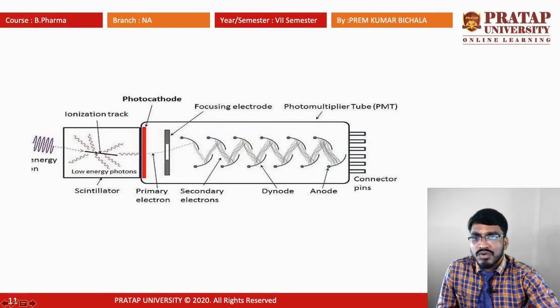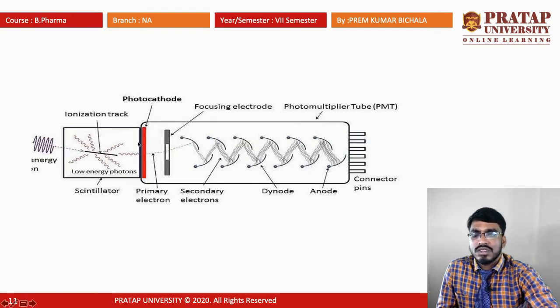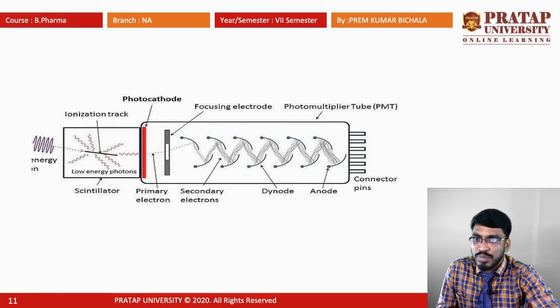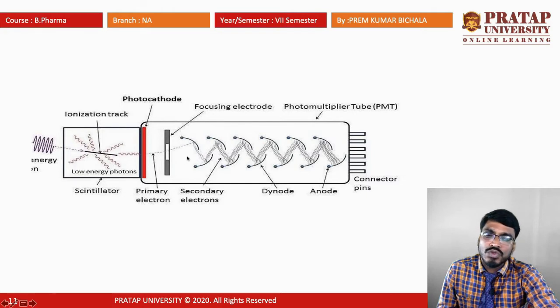Here we have the photocathode. This is the source to collect the light or photons from the sample. These are dynodes which may act as a cathode. By using a focusing electrode, the electrons are moved towards the anodes, where we can get secondary electrons.